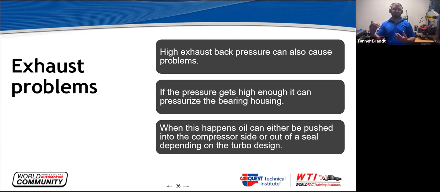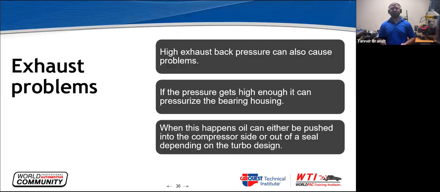So the exhaust side is going to surpass the intake pressure side, and in return it's going to start to push into the intake. And now we're going to push oil from the exhaust onto the intake side.